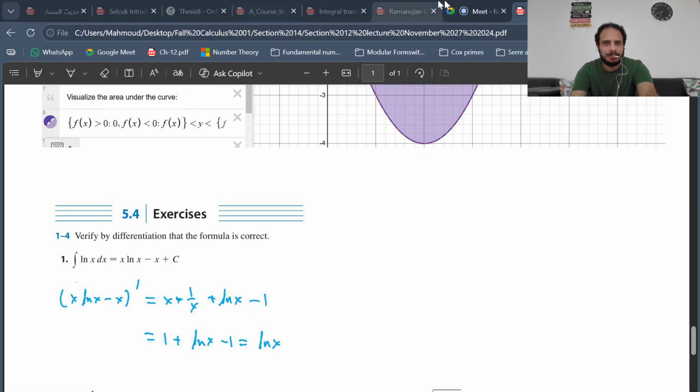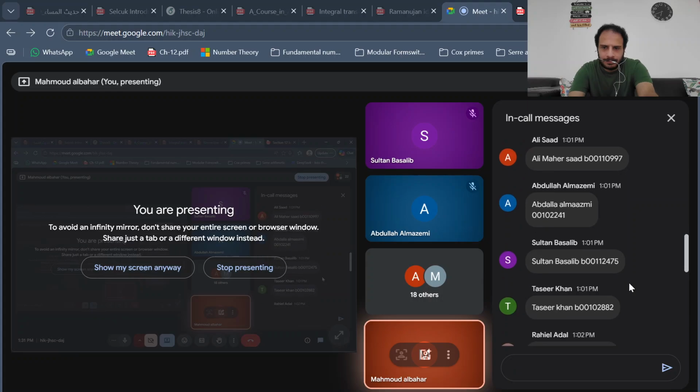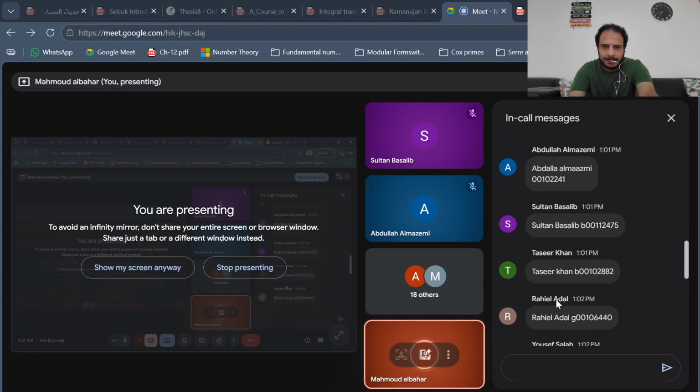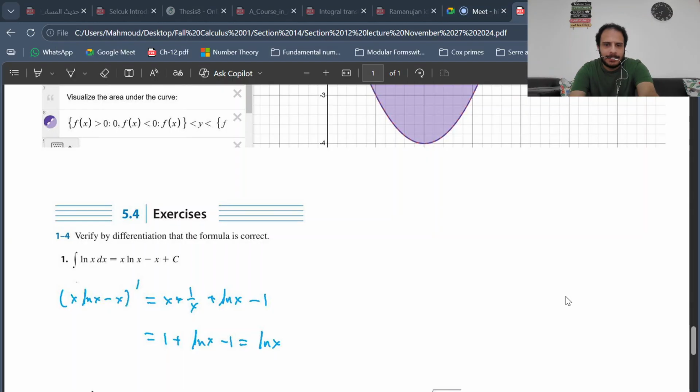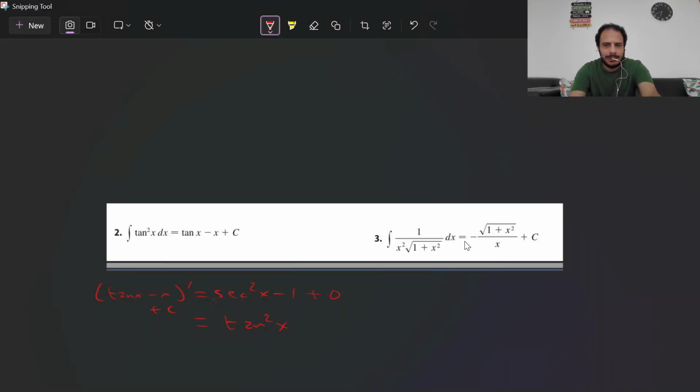Now, Rahil. Sir, please help me with this problem. Problem 3. Okay, so what do you want me to do with this one? You have the result of the integral, okay?